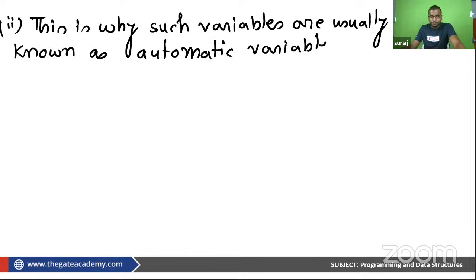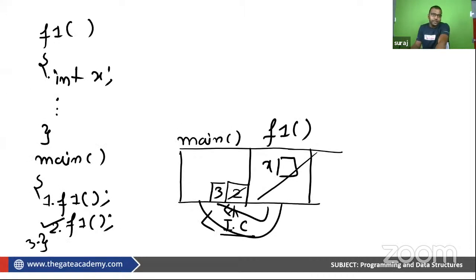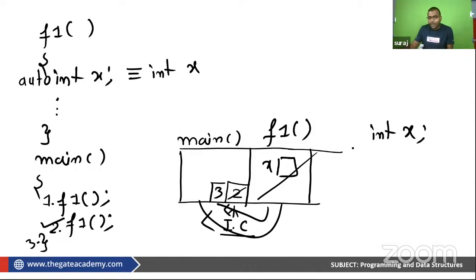Now, you have seen that when I declared this auto variable, I did not write auto here. This is correct and this is also correct. If you want to declare an auto variable, you can write int, or you can even write auto before it, then int. Auto is the storage class.